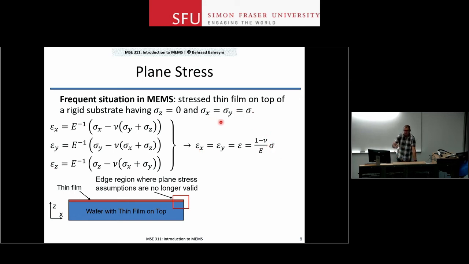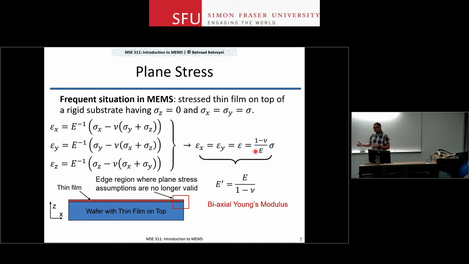Sigma x and y are the same. We are assuming that the film is amorphous, so basically once you cool it down, the amount of stress you get in all directions, in x and y directions, is the same. You can now show that epsilon x and y are proportional to that sigma x and y through this coefficient, E over 1 minus nu. So this is called the biaxial Young's modulus. So it's as if you're dealing with a stiffer material, right?